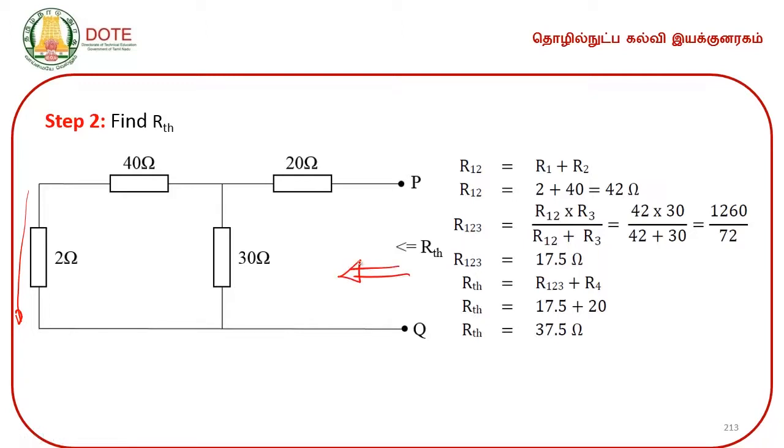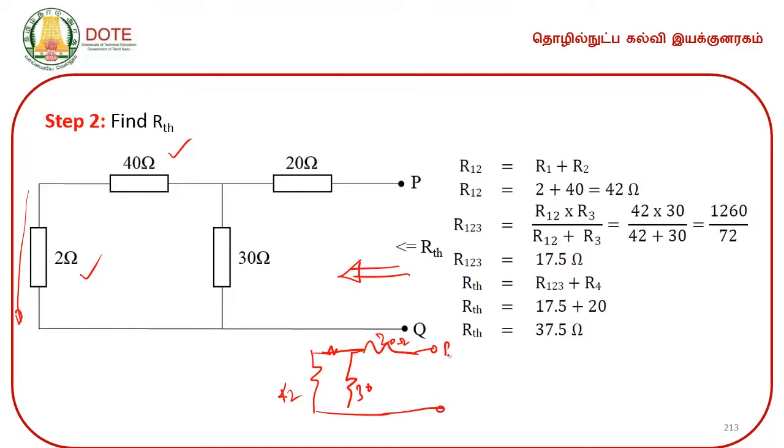So, here 2 ohms and 40 ohms are in series. So, I can make it a single resistor like this, which is 42, then 30 ohms, then 20 ohms here.